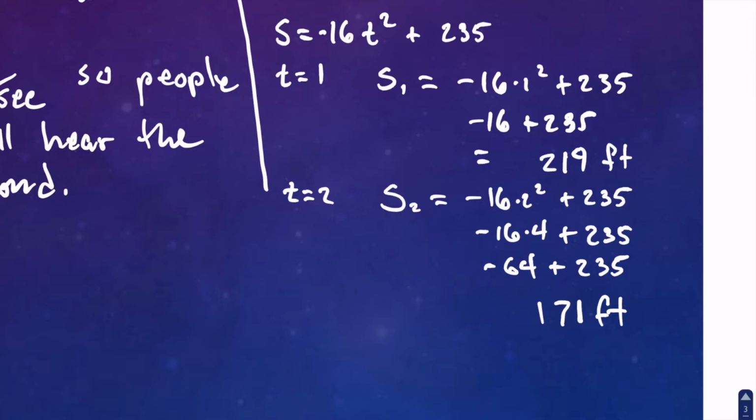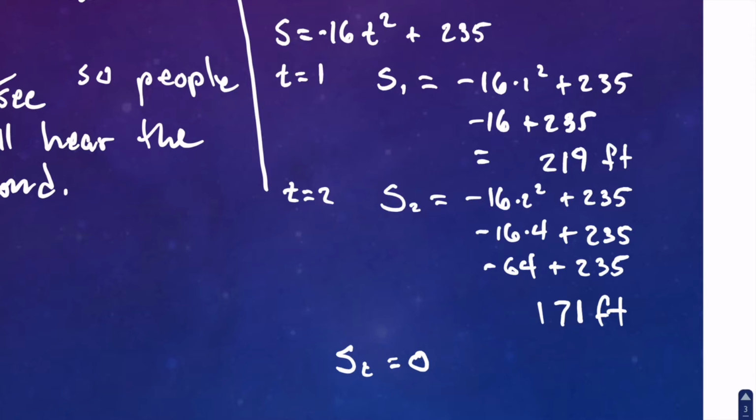Let's see what it's going to take for S to be 0, or when the wrench actually hits the ground. So how about if we say S of t is equal to 0, and we don't know what t is.